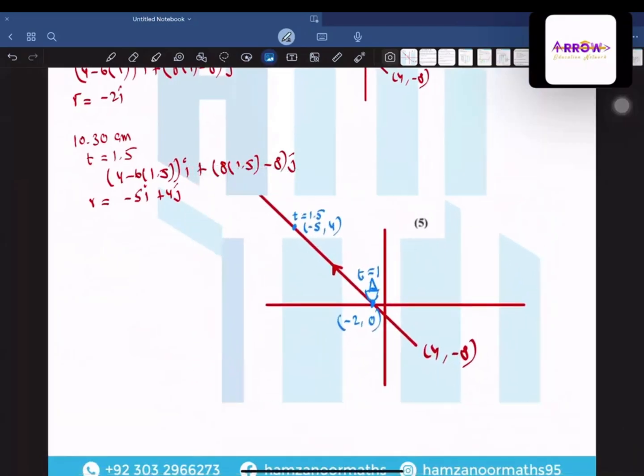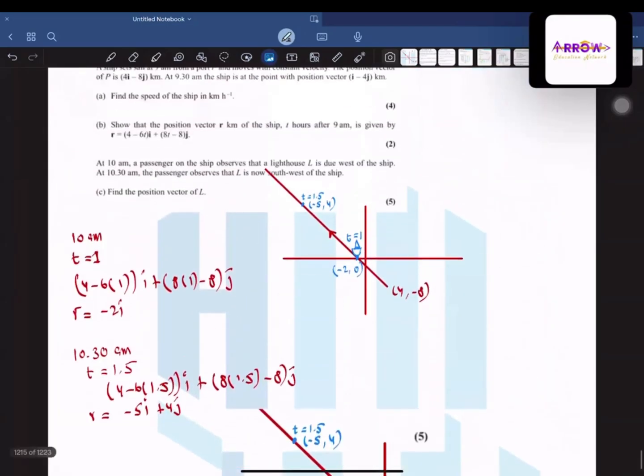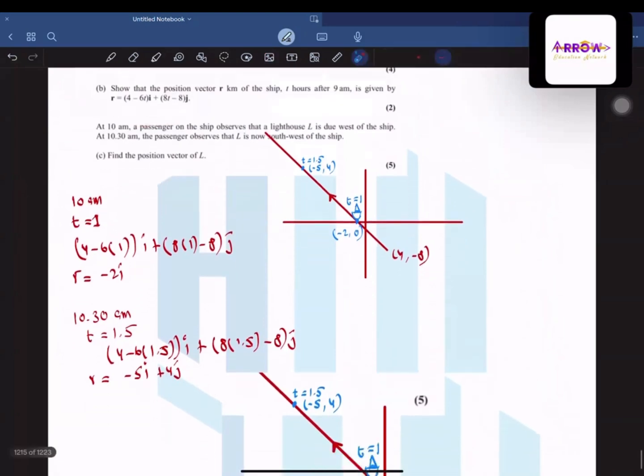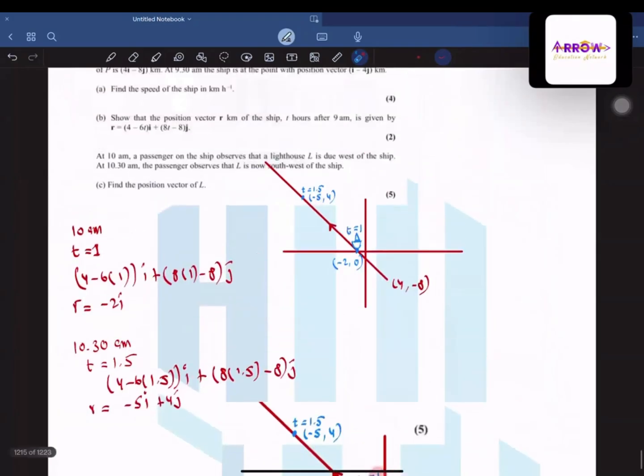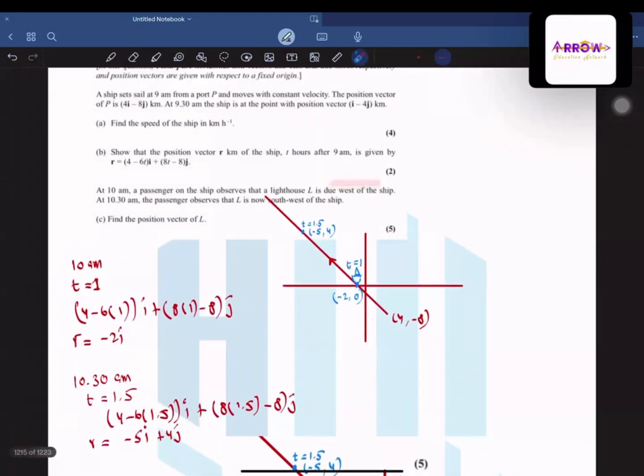This looks fine. When t equals 1, this is the path of the ship, and let's say you are the passenger on the ship. At t equals 1, the passenger sees that the lighthouse is due west of the ship.